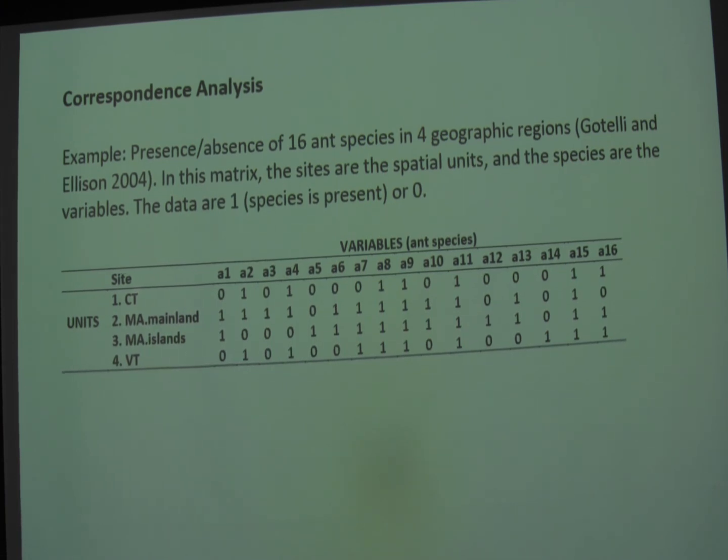A 1 means that the ant species is present at the site, and a 0 means it's not. What we would like to do is take this data and arrange it in such a way that we have somehow summarized most of the variation in presence-absence of species along a gradient of some kind.